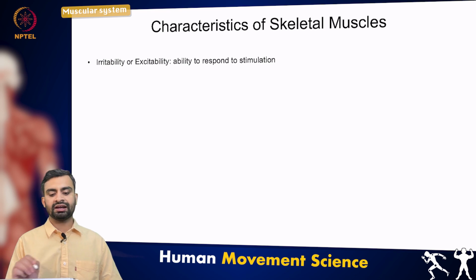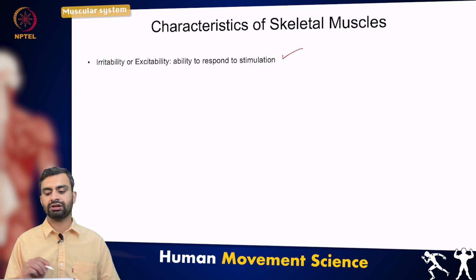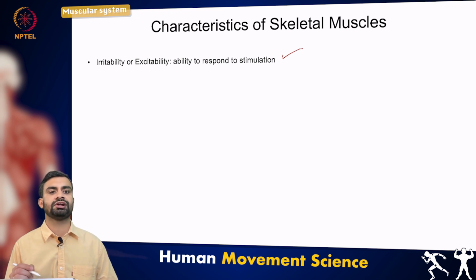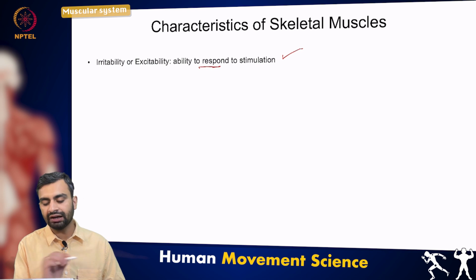Irritability or excitability is the ability of the muscle to respond to a stimulation. So if there is an external stimulation, the muscle will respond to it, or get a signal from the nervous system to respond to that stimulation.